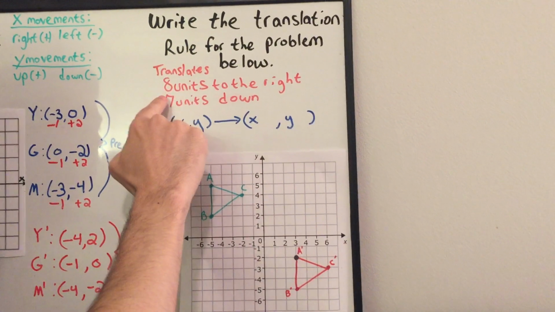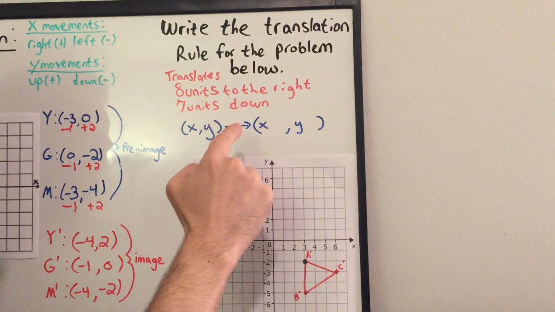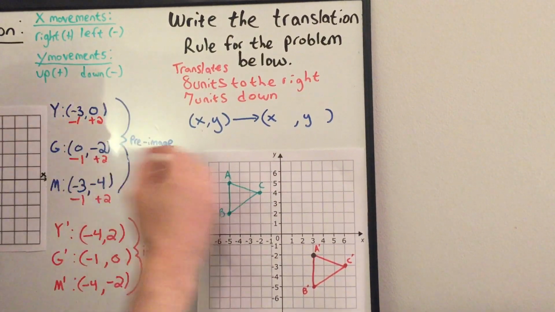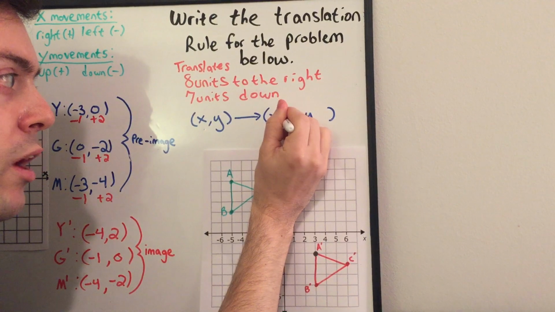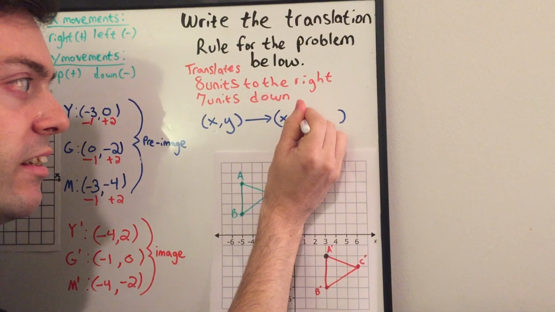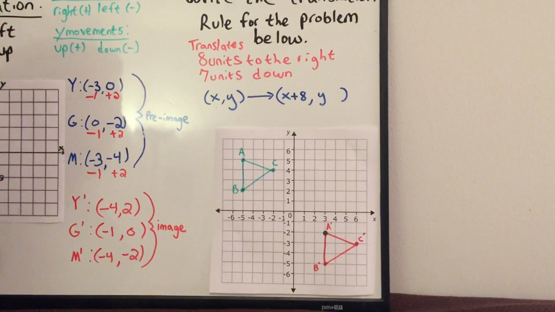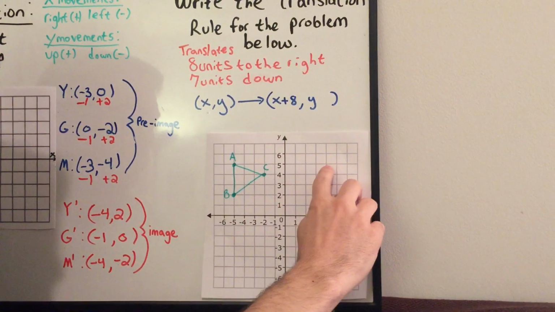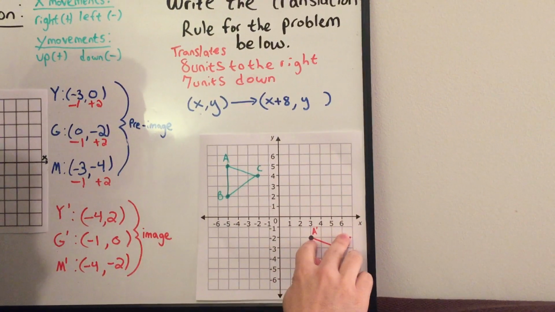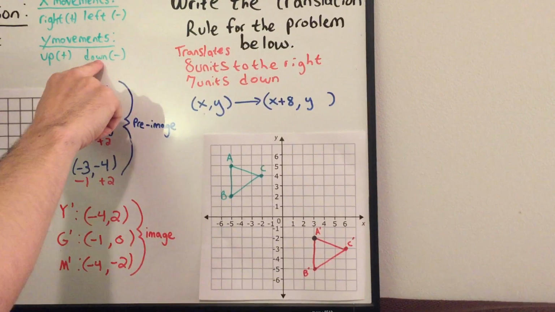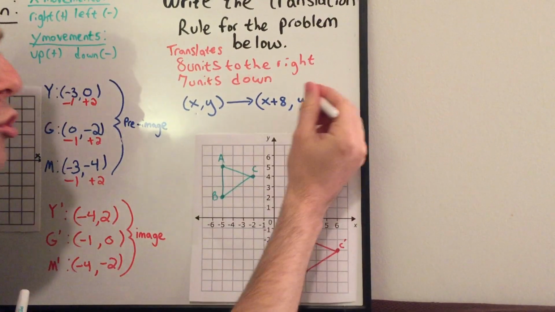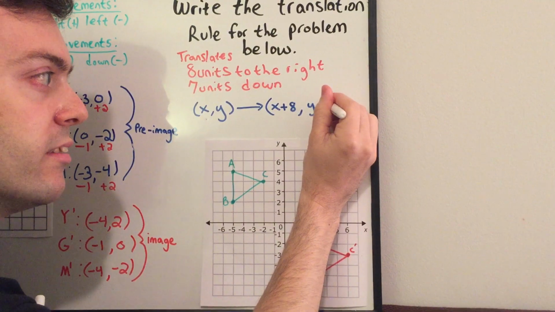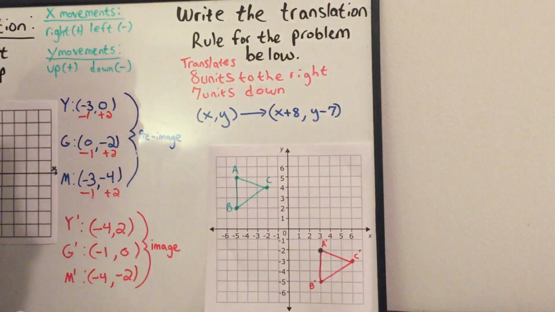Well, we just said it. We're moving 8 units to the right. Right is a positive movement, so we are going to add 8 to this x. And then right here for this y, we said we were moving 7 units down. Down was a negative movement, so I'm going to do minus 7 right there.